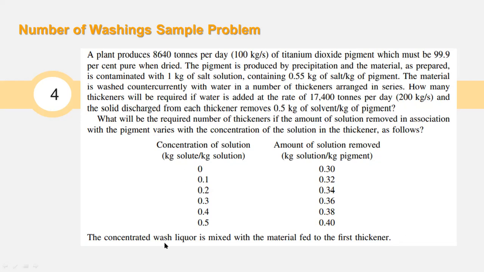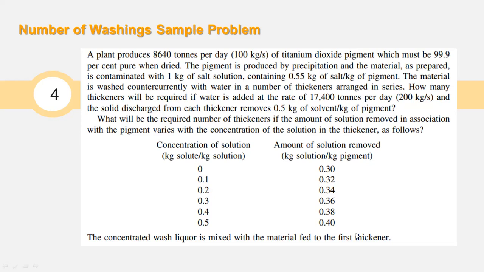Now, the concentrated wash liquor is mixed with the material fed to the first thickener, just like the way it was presented in our illustration. The concentrated wash liquor is referring to the overflow from the last thickener being mixed with the material to be processed, prior to the mixture of these two being fed to the first thickener.